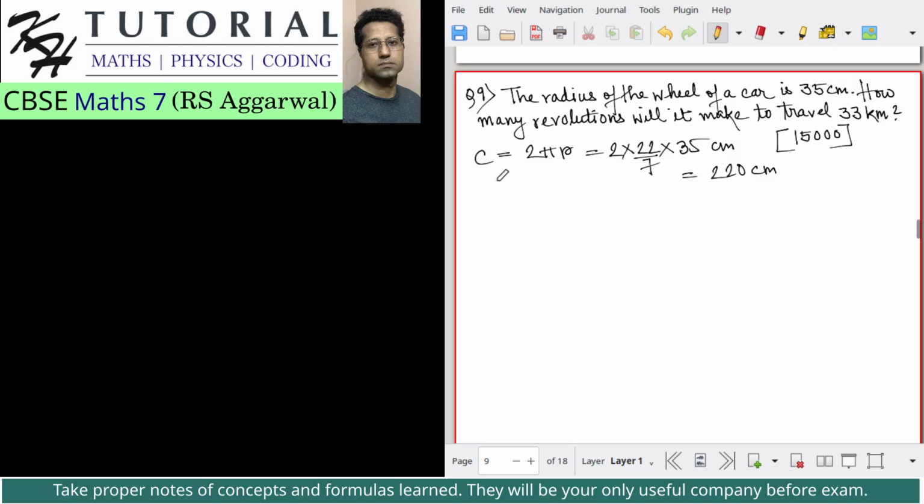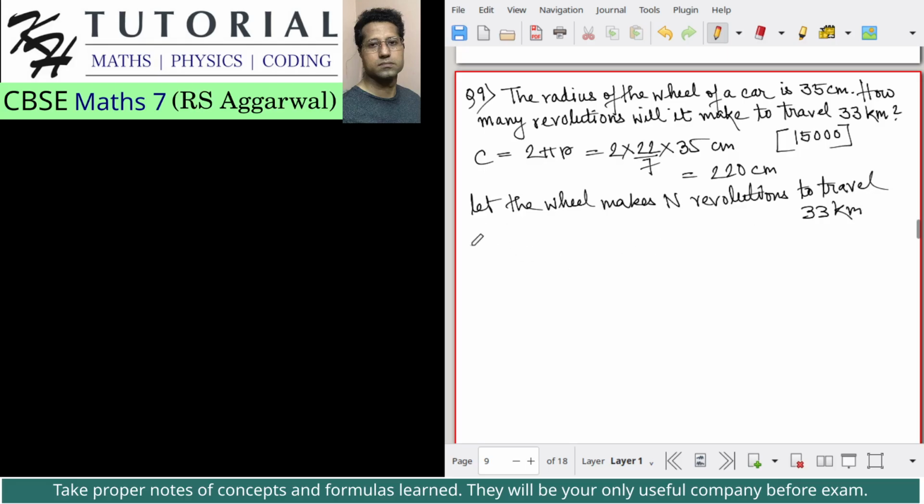Okay, now let the wheel make n revolutions to travel 33 kilometer.